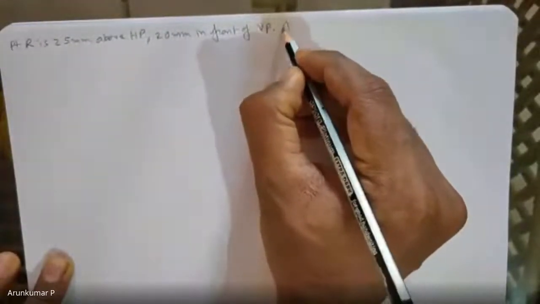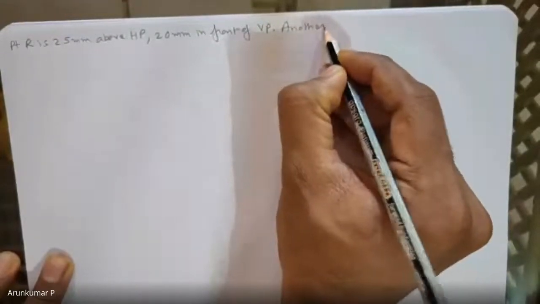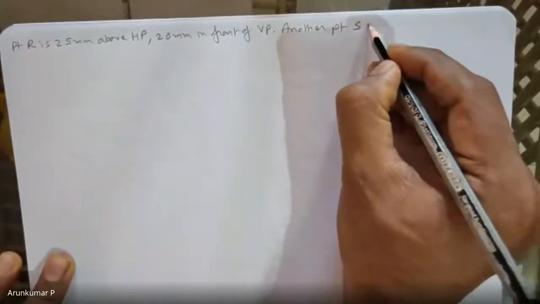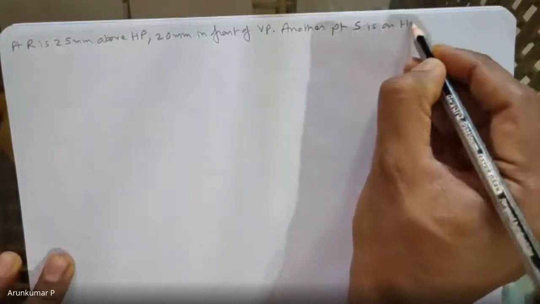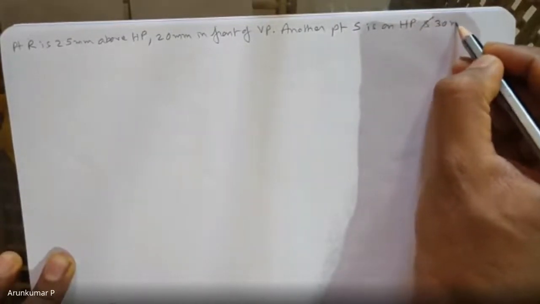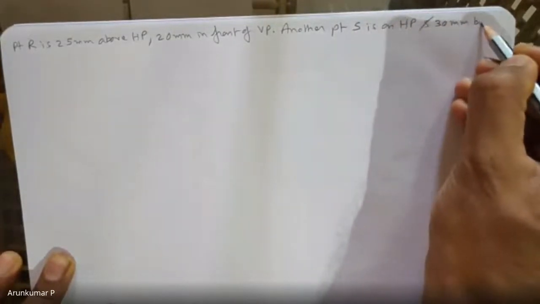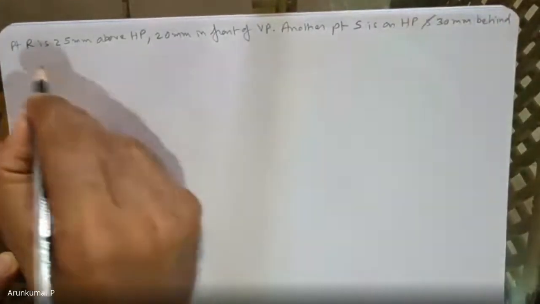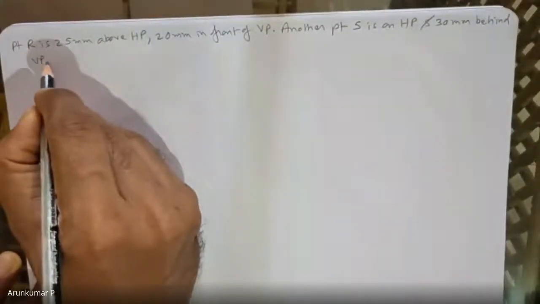Another point S is on HP and 30 mm behind VP.